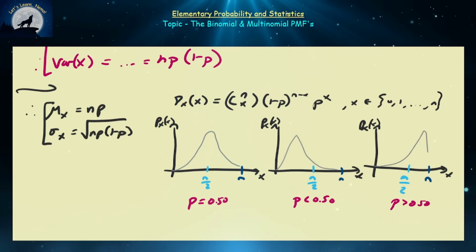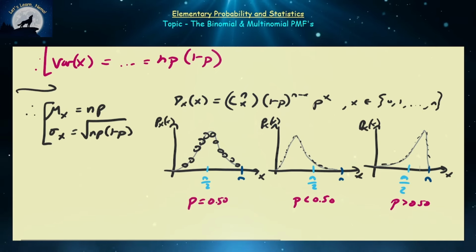And then for this one, you're going to have a probability that is situated more bigger than n over 2. And also keep in mind, this is a discrete curve. See, these are just a bunch of dots, actually, not a curve. Right? So that's what the binomial probability mass function can look like, and also the mean and standard deviation of a random variable.